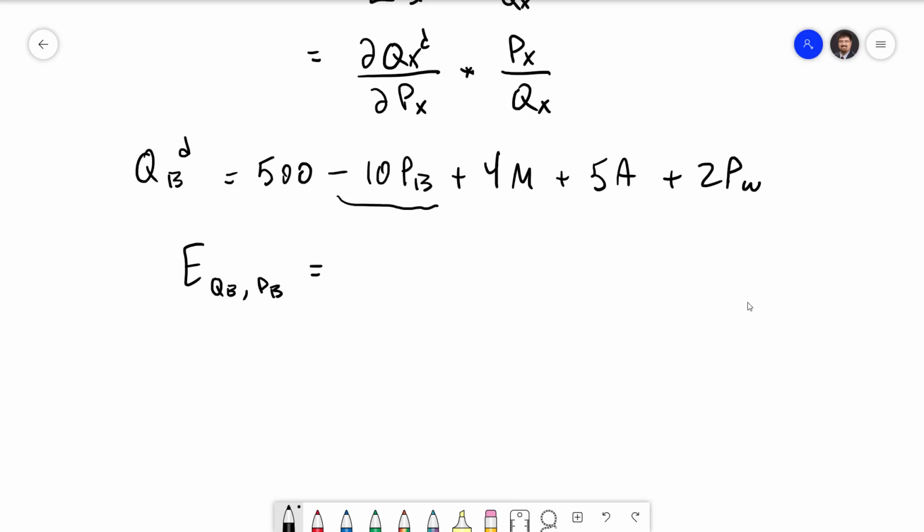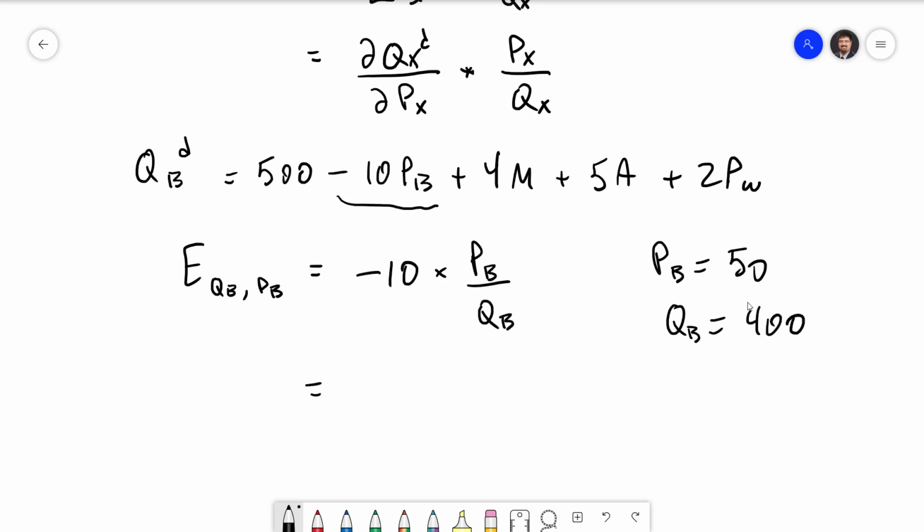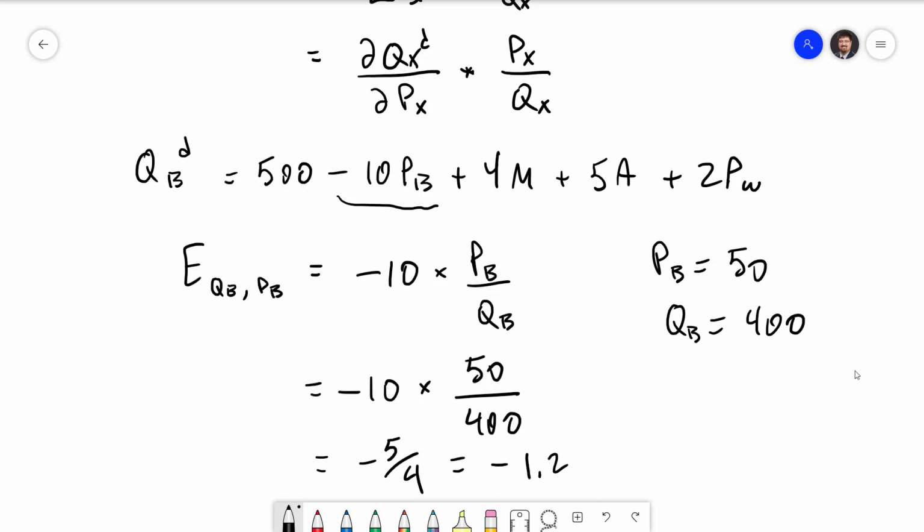So all we're left with is negative 10 for the derivative. From there, all we need to do is plug in the price of beer divided by the quantity of beer. Let's use our equilibrium values that we found in the last video, which were PB is 50 and QB is 400. So what we're going to get is negative 10 times 50 divided by 400, which is negative 5/4. That's equivalent also to negative 1.25.